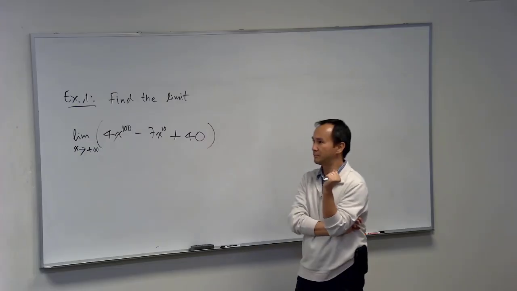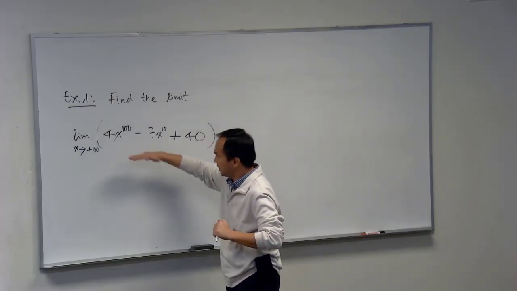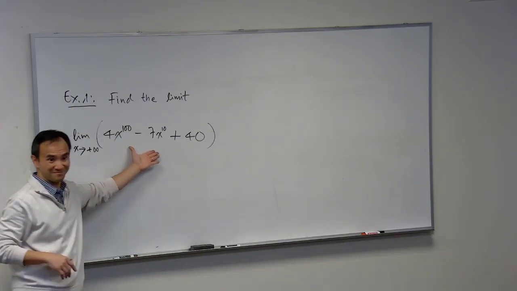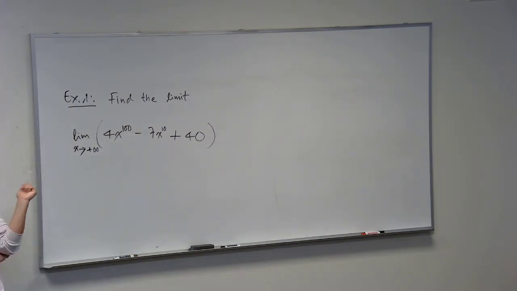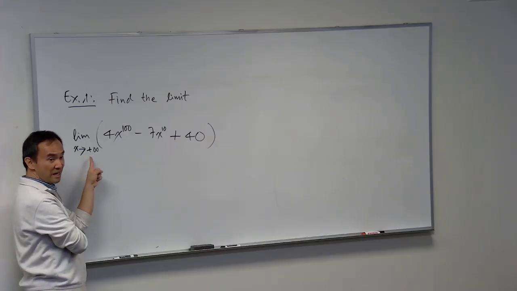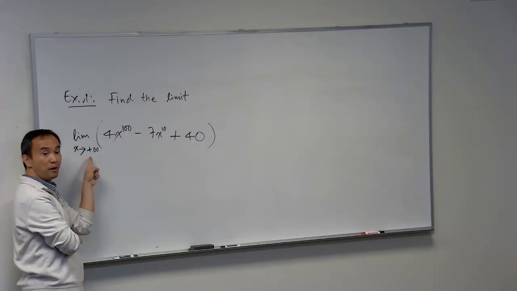So before we tackle it, what do you recognize about this function? It's a polynomial. The problem is asking us to study the right hand behavior, as x gets close to positive infinity.